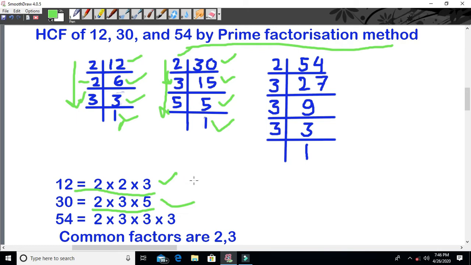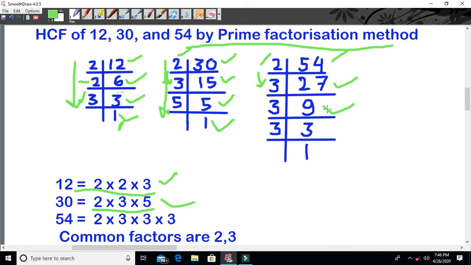Then 54 divided by 2. You have to divide by the smallest prime number, then try the next prime numbers. So it will go 27 times. Now 27 is not divisible by 2, then we will try the next, 3. 27 divided by 3 will go 9 times.